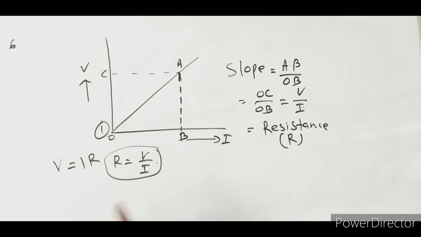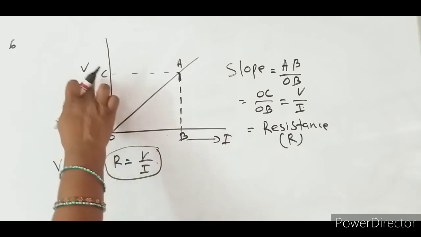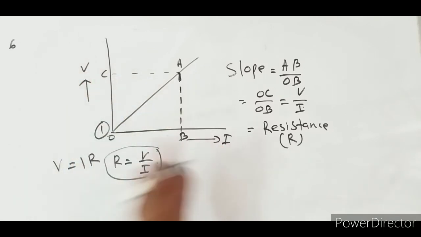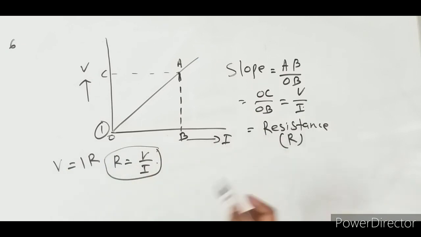Remember this one. Usually there is confusion for students whether on the x-axis we will put V or I. I can put V here, and I here. But then, instead of resistance, we will get something else, which is known as conductance. Clear?